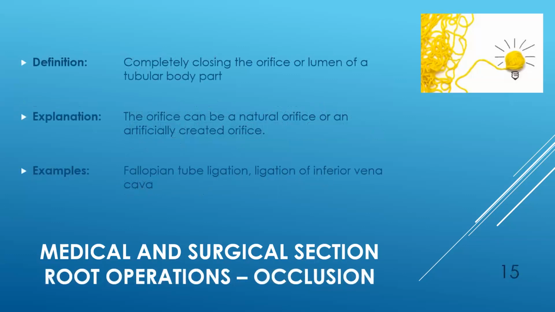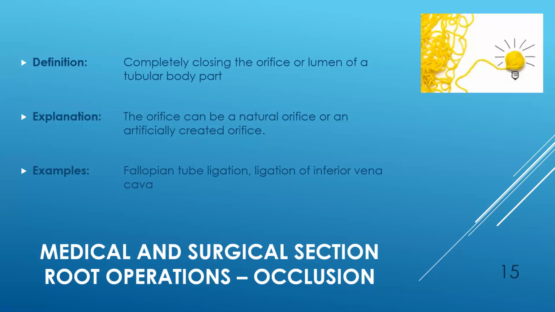So occlusion is a little bit different. The intent here is to close off because of bleeding, or something's wrong, something's going somewhere it shouldn't be going. Completely closing, so you have to completely close the orifice or lumen of a tubular body part.